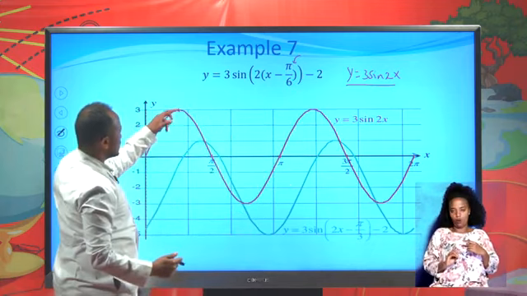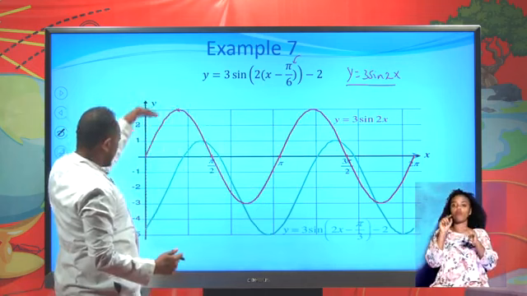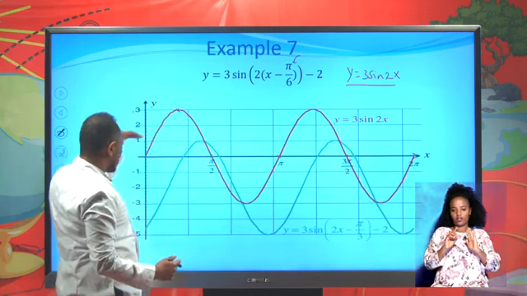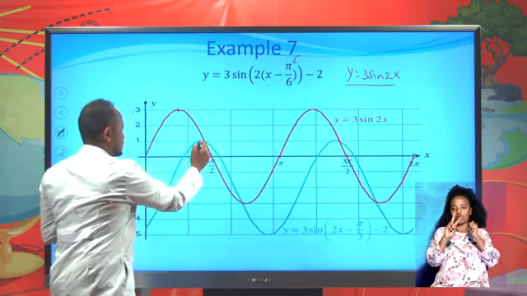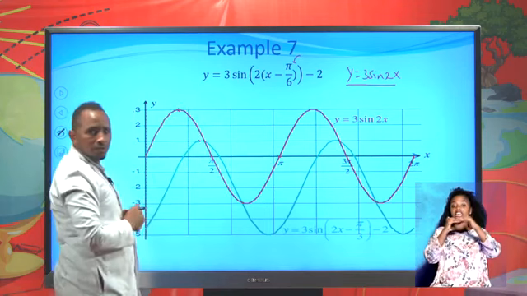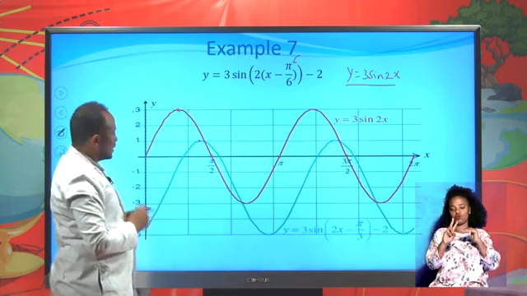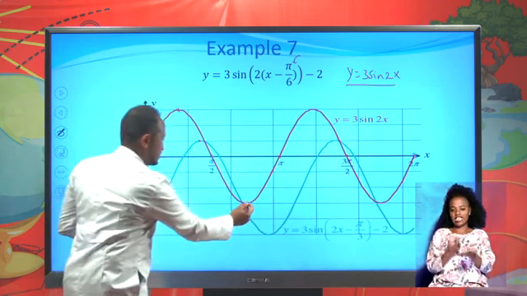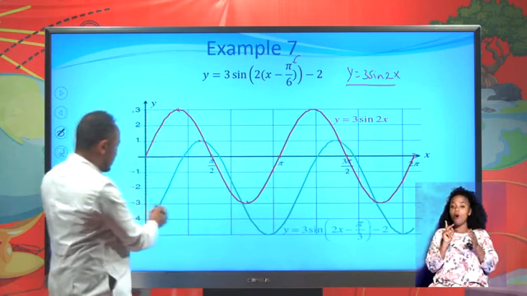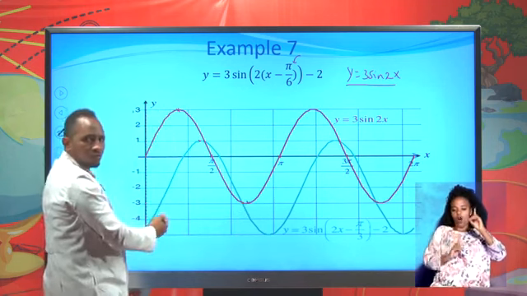So this peak moves down: you shift 3 and subtract 2, so the peak moves down by 2 units. Here also this peak moves down from minus 3 to minus 5, 2 units.